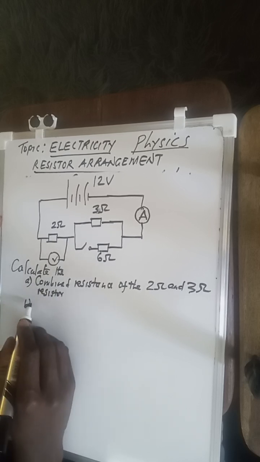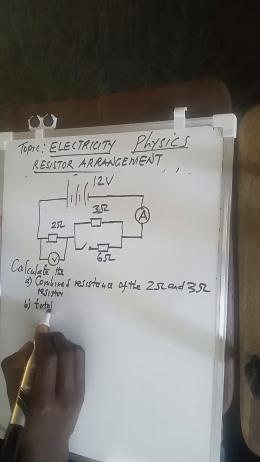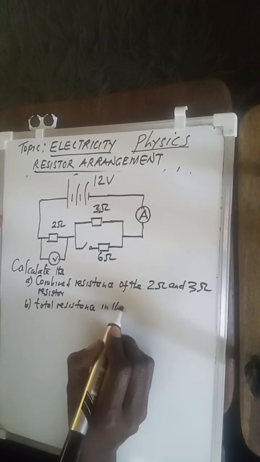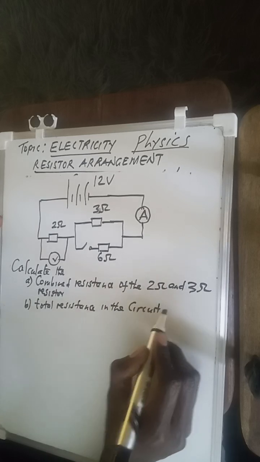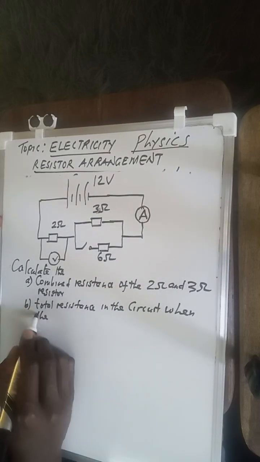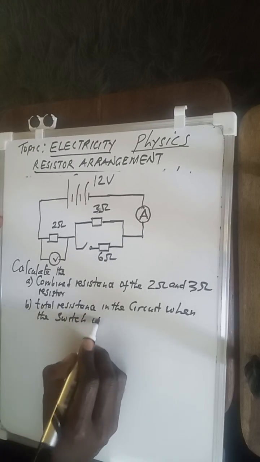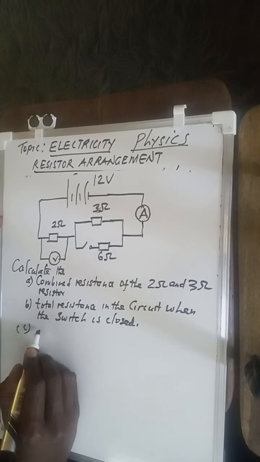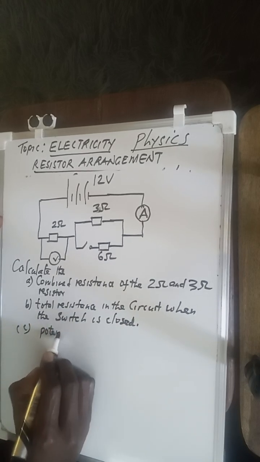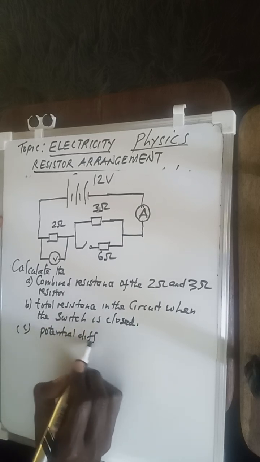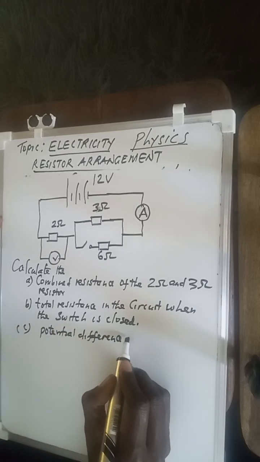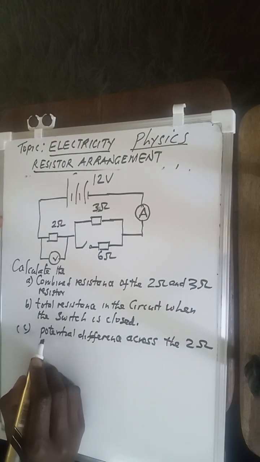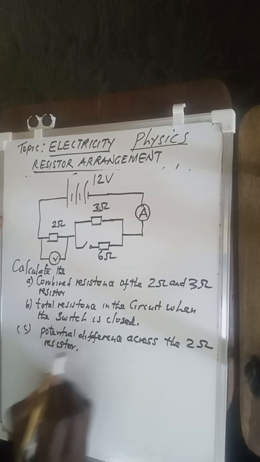Then B, it says calculate the total resistance in the circuit when the switch is closed. All right. Then C, it says find the potential difference across the 2 ohms resistor. So the potential difference across the 2 ohms resistor.